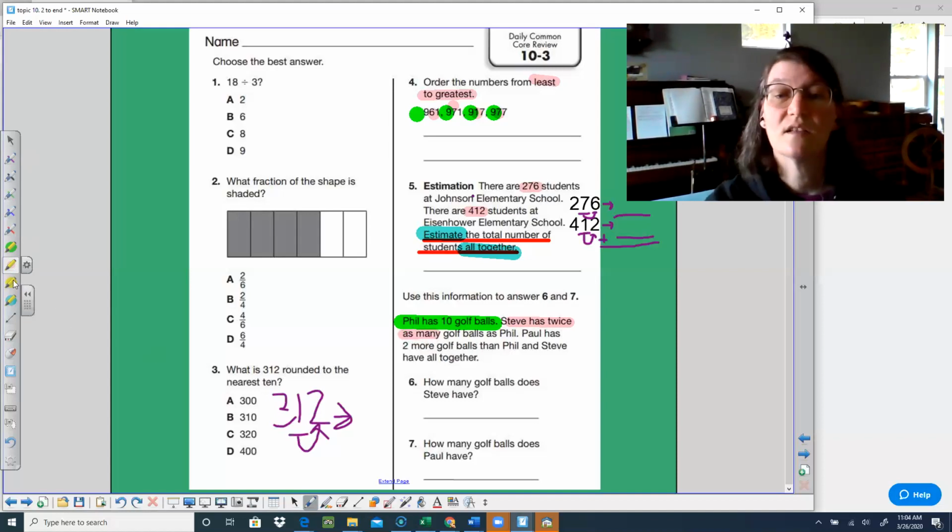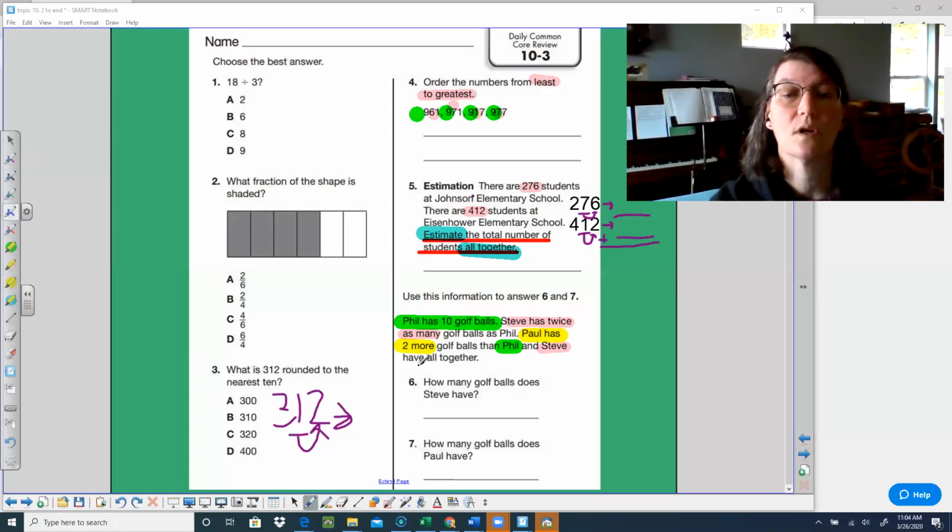And then it says that Paul has 2 more, and now I'm going to do my funny colors, than Phil. Remember, Phil is green. And Steve have all together. So all together is an important clue word. So I want to make sure I make a note of that. Okay, I'm going to move that so it doesn't cover up my words.